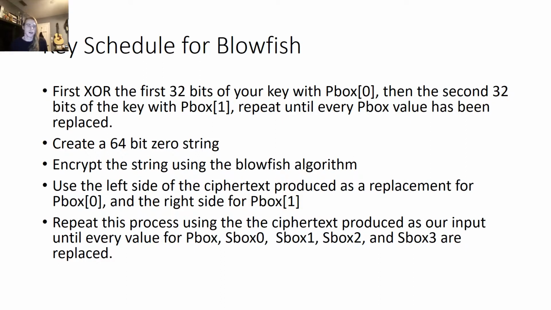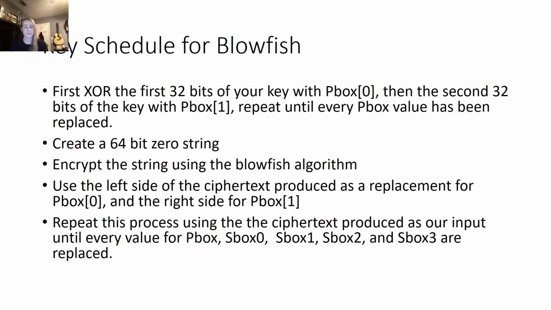So the key schedule for Blowfish starts by first XORing the first 32 bits of the key with pbox 0 and the second 32 bits with pbox 1, and continually going through the key until every pbox value has been replaced. It will then create a 64-bit 0 string, which will then be encrypted using the Blowfish algorithm.